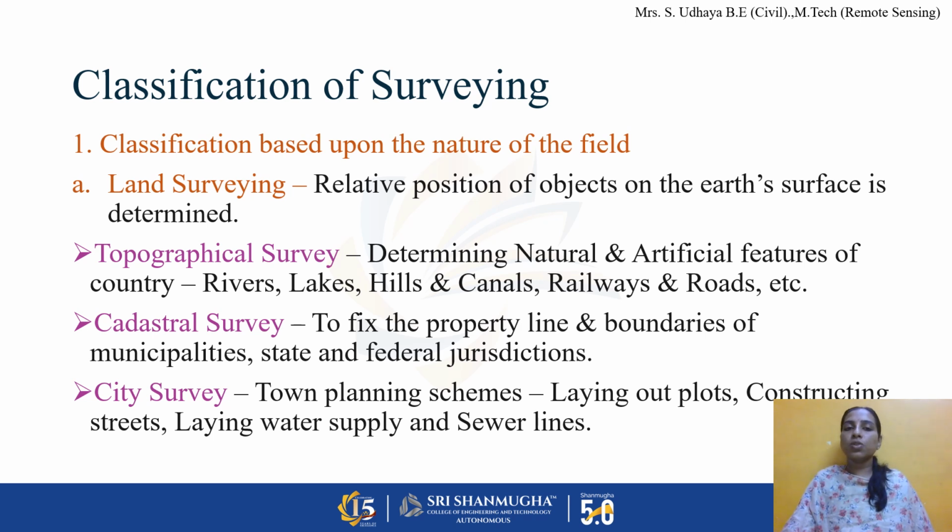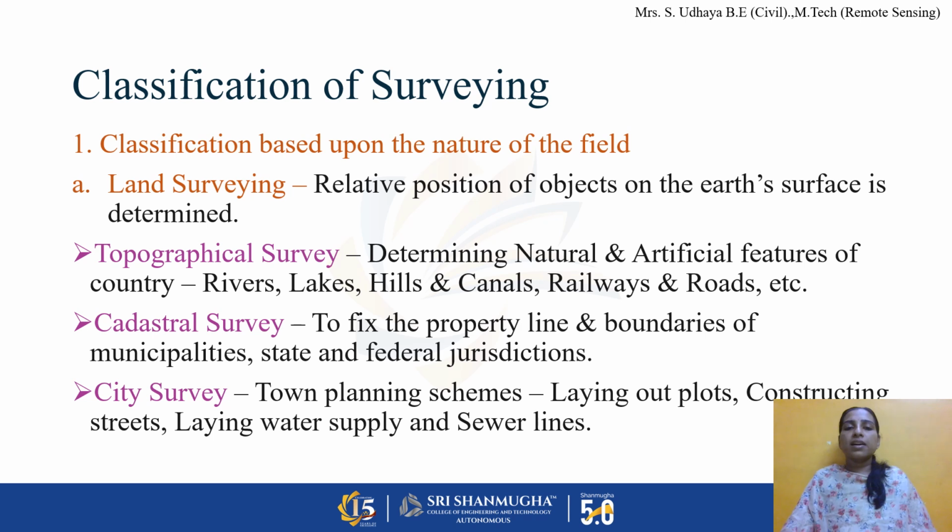As I already told you about topographical survey, cadastral survey and city survey in my previous video, I'll give a brief introduction here. Topographical survey measures all the earth surface features, and they can be plotted on a topographical map, topo sheet, topo map. Cadastral survey is done to fix the boundary line of any property, and it contains all the land ownership details.